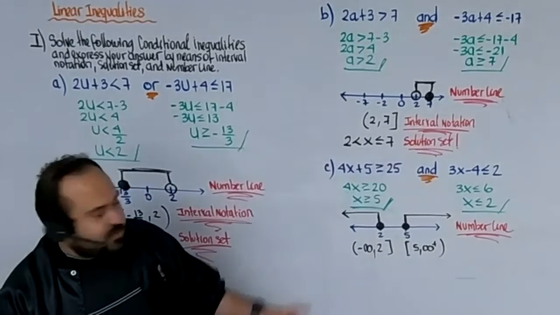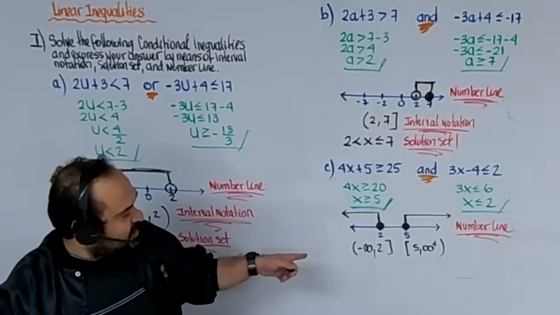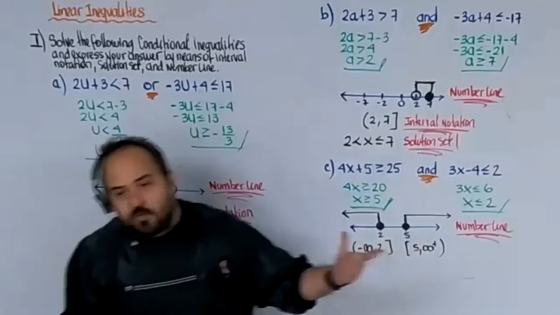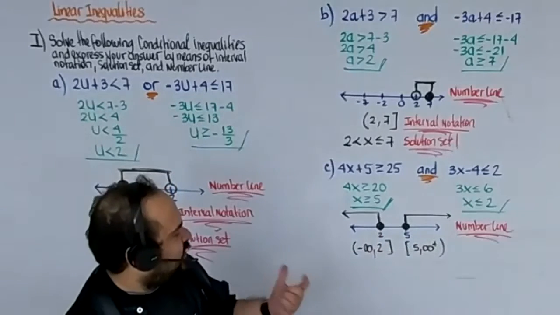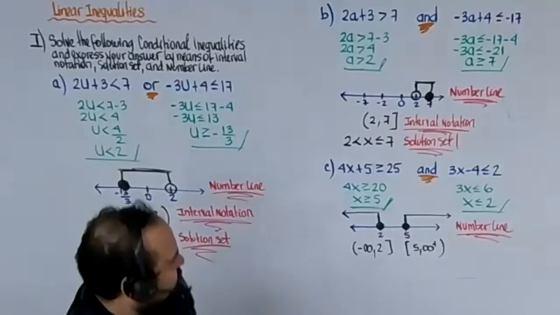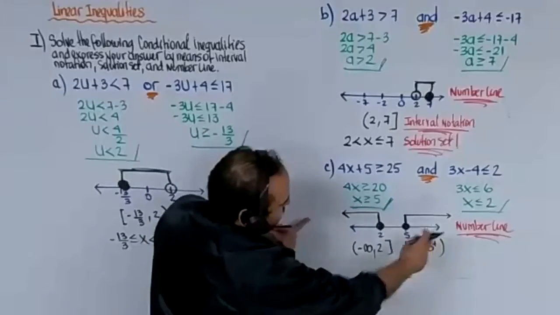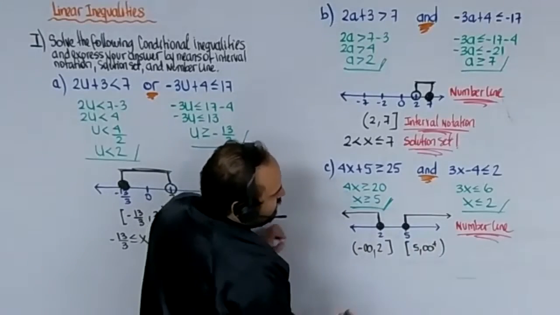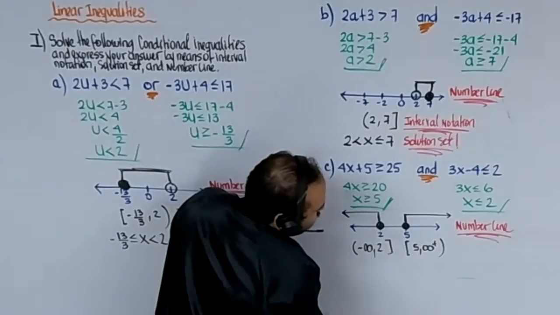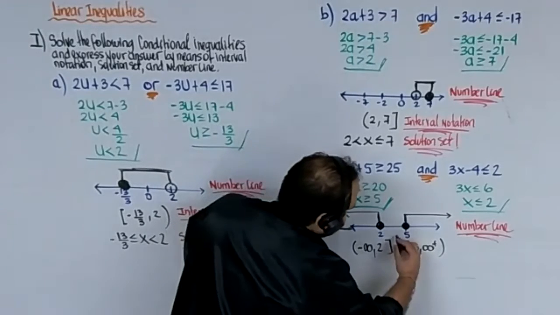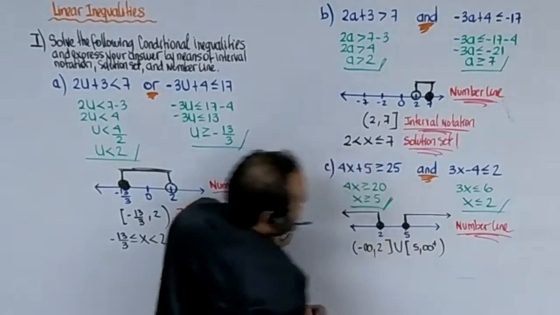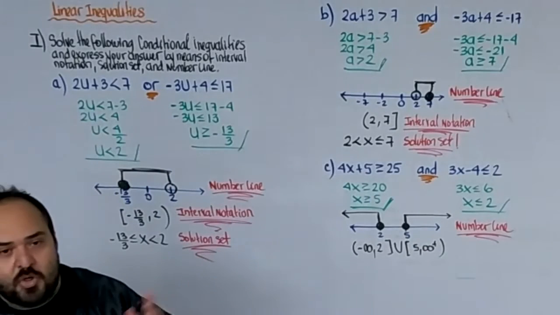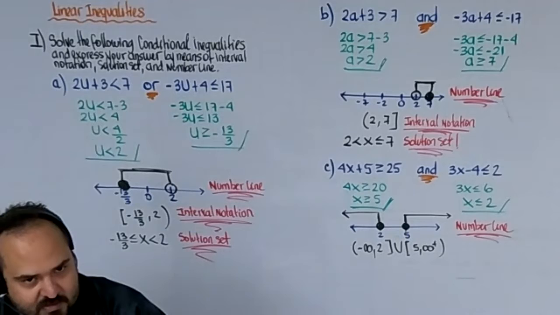But we cannot leave the answer just like this, because even though we are apart, both are part of the same inequality. For that reason, when this happens, with one arrow to the left side and one arrow to the other, we're going to connect both interval notations using the letter U. This letter U means union, because they're going to join the two inequalities.